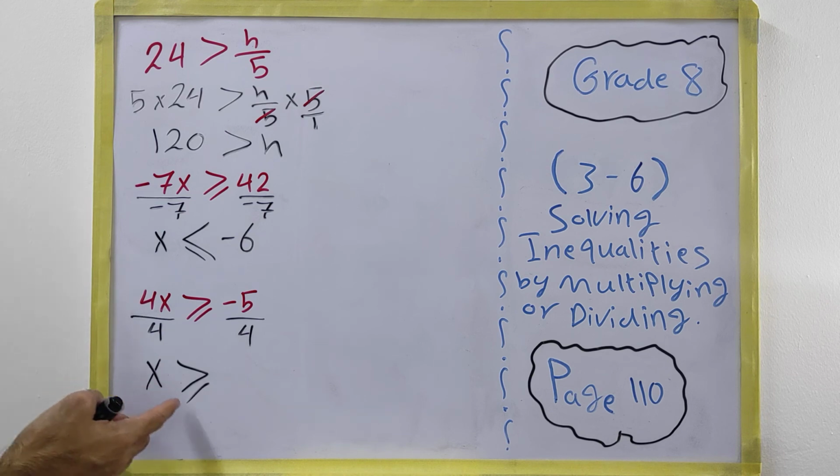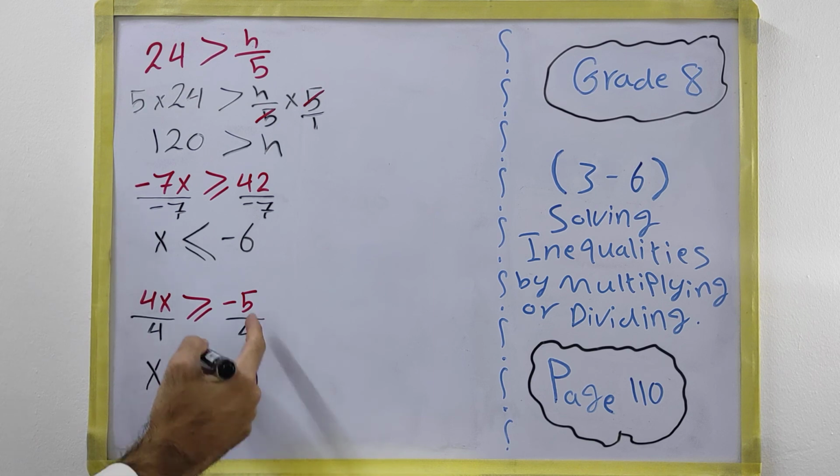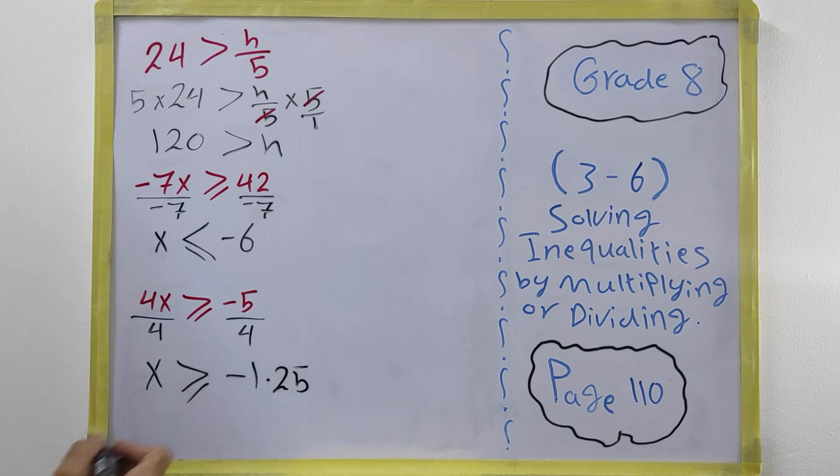You can write greater than or equal to negative 5 over 4, or you can simplify, you can divide negative 5 by 4. You would get negative 1.25. This is how you can solve an inequality by multiplying or dividing by a number.